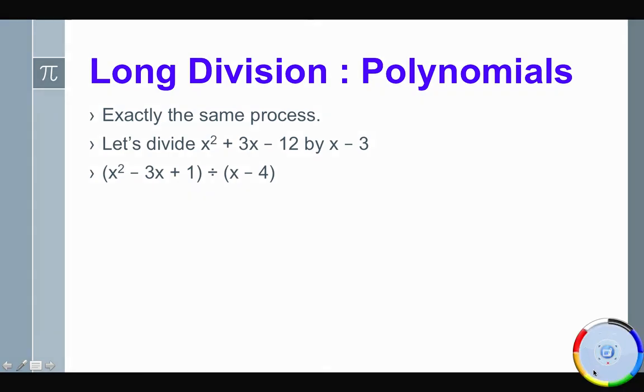Let's try another one here. We're going to do x minus 4, so x minus 4 goes on the outside, and x squared minus 3x plus 1 goes on the inside.